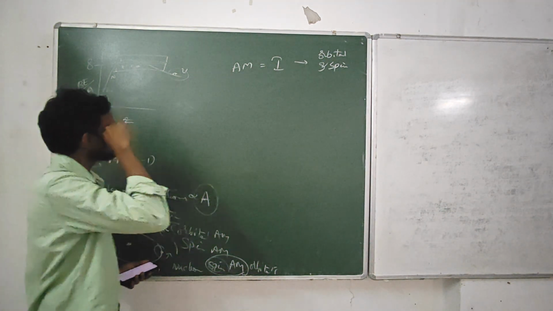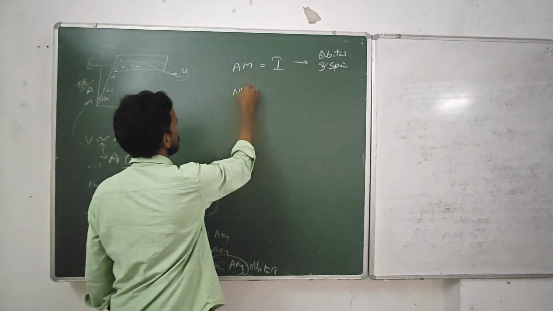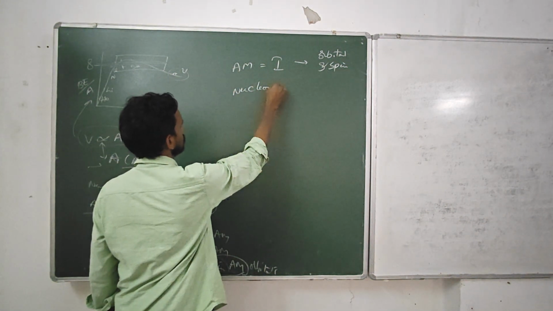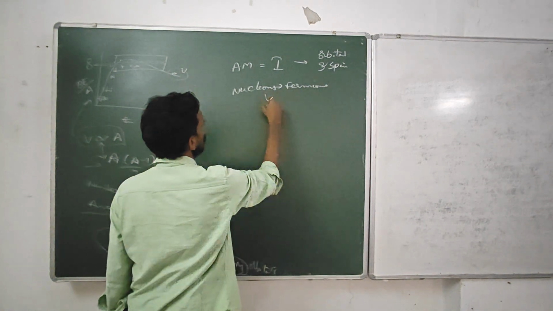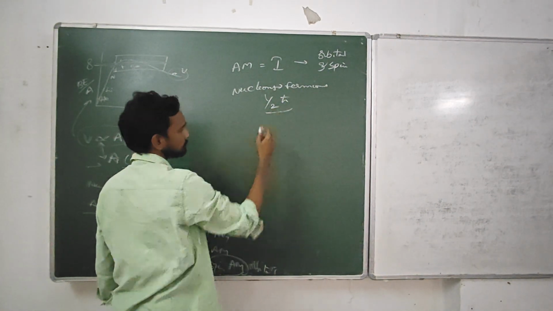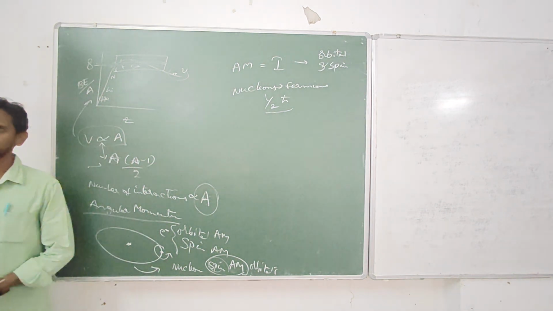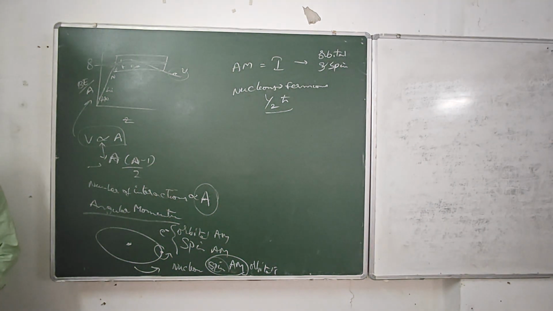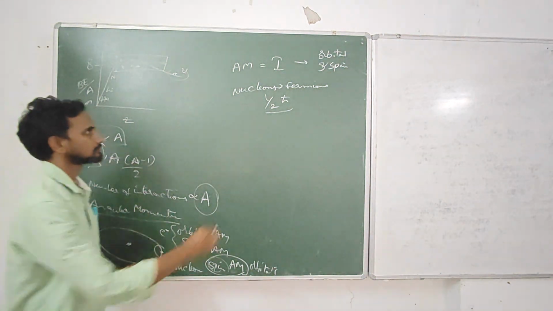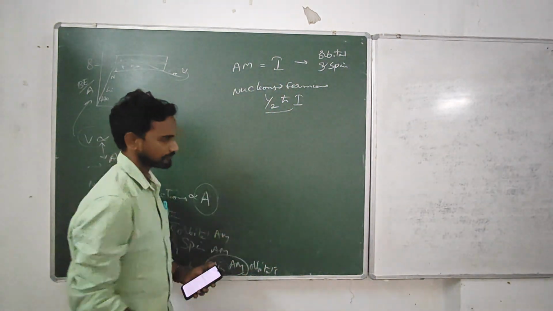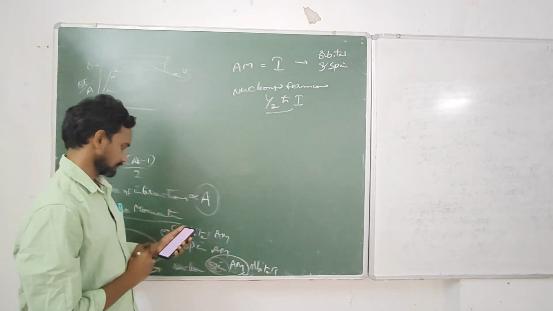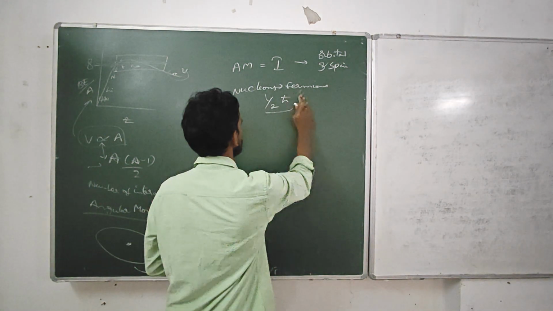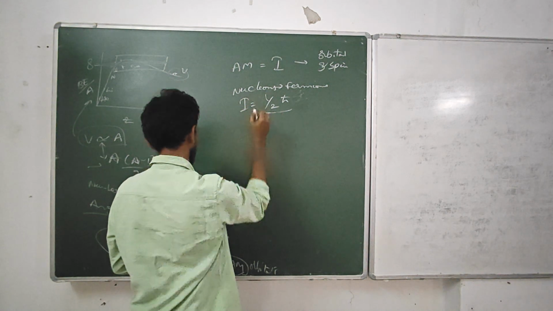Okay. So since it is a fermion, nucleons are fermions, they will have half integer spin. Half h bar, I is the angular momentum. Okay.